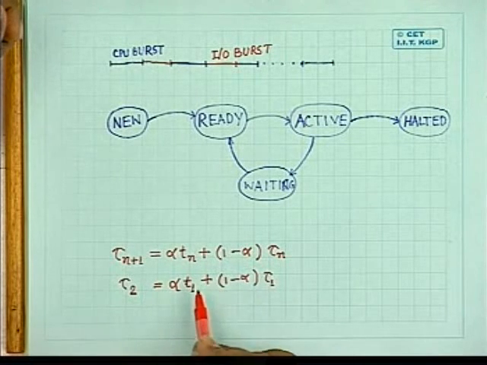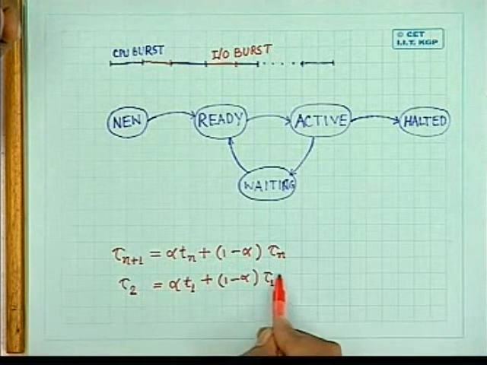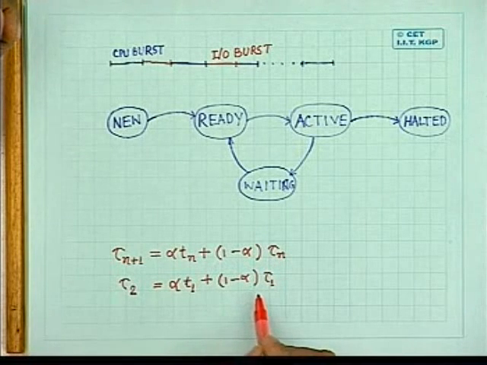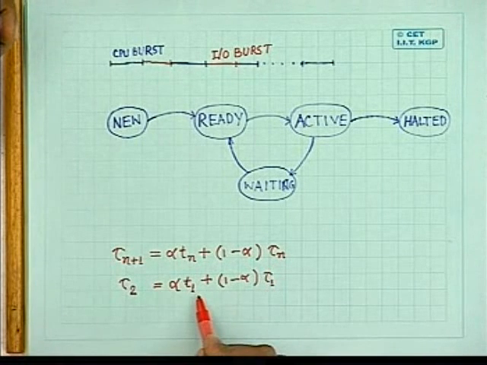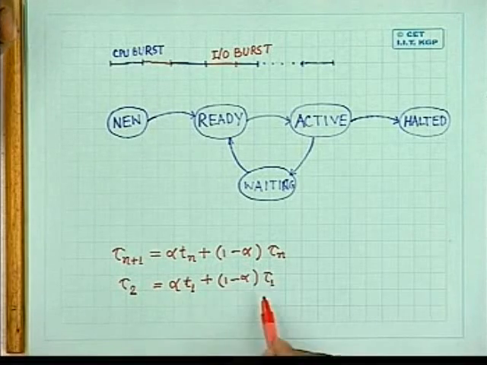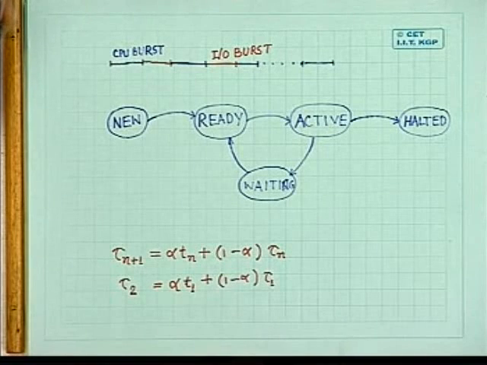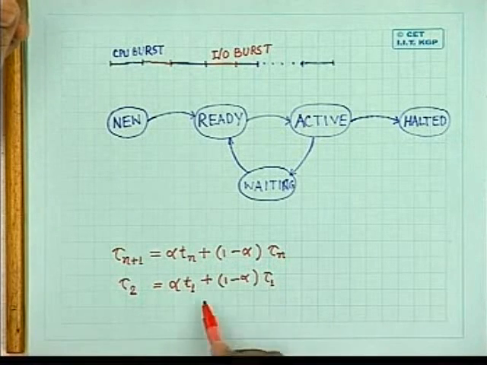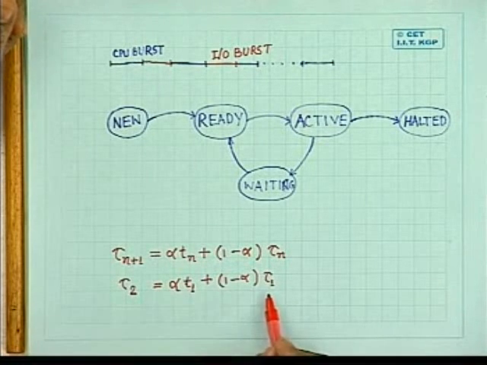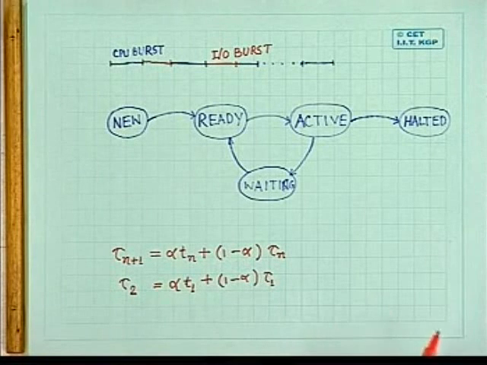So one of two things can be done to replace this tau 1. I can assume tau 1 to be the same as T1, as if the past history of the job is the same as the immediate past nature of the job, or I can even put tau 1 equal to 0.